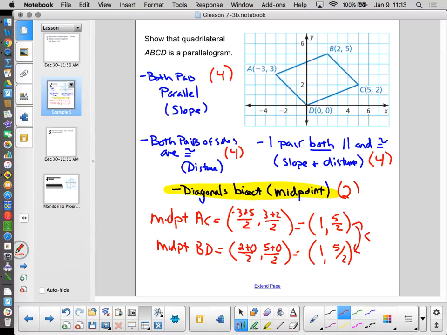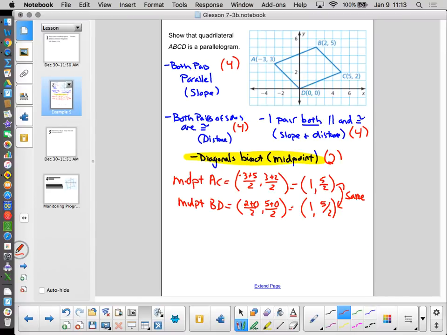Okay, since it's the same, then you'd have to state your conclusion. This proves diagonals bisect each other. So we do our calculations and we write a conclusion. Don't just do the calculations. Don't just say, oh, they have the same midpoint.